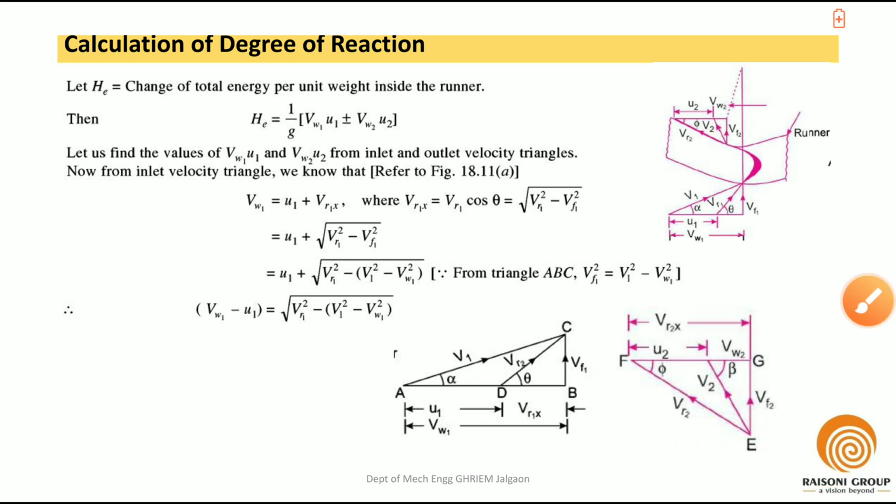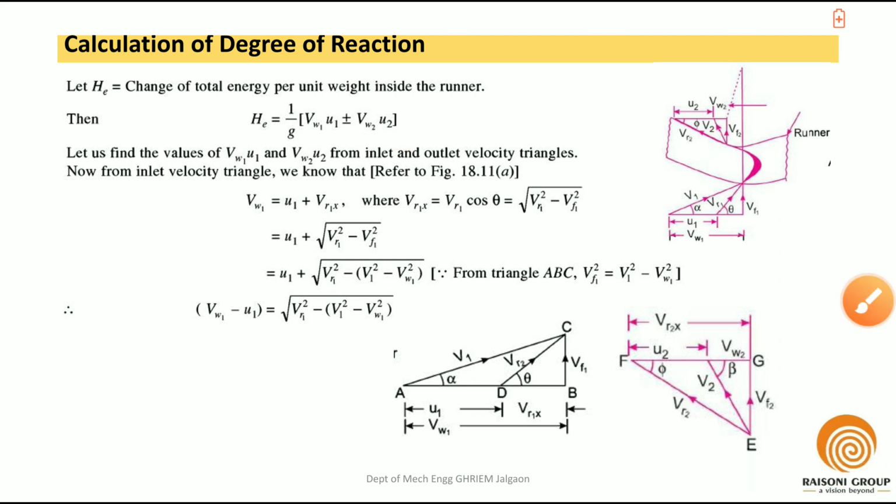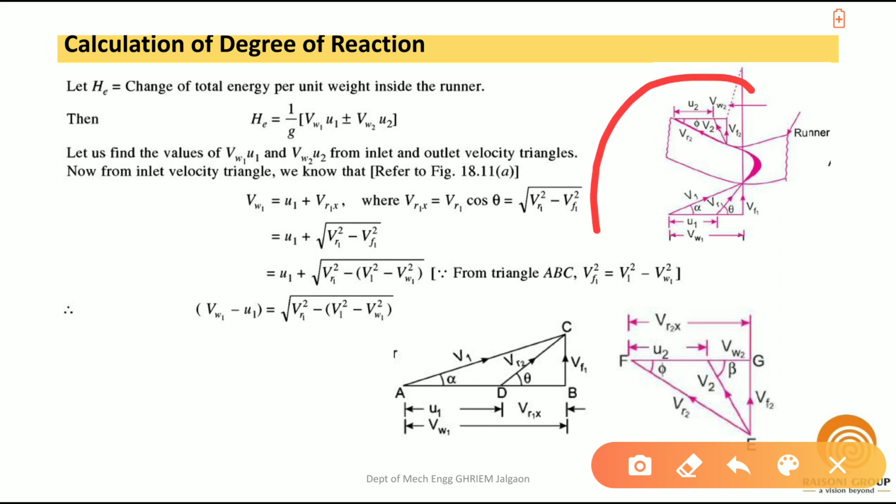Then we need to find these values of Vw1 U1 and Vw2 U2, means we need to simplify these values and find the equation for the degree of reaction. So for this, we will consider these velocity triangles where Vw1 is equal to U1 plus Vr1x.